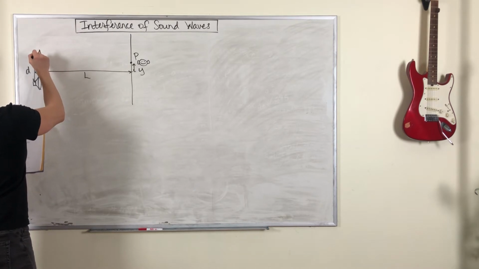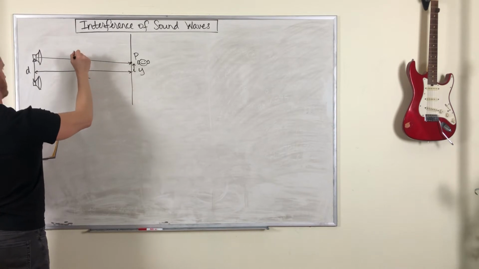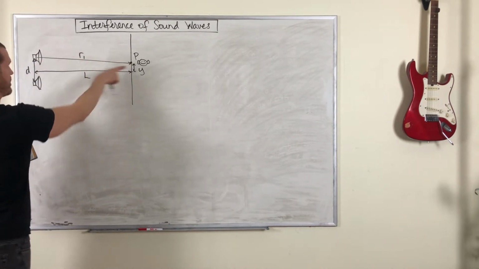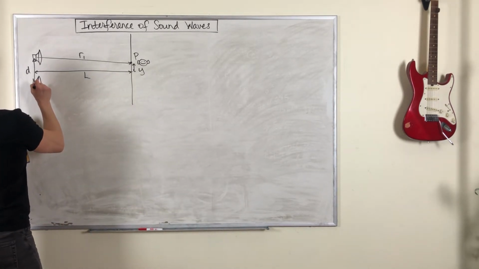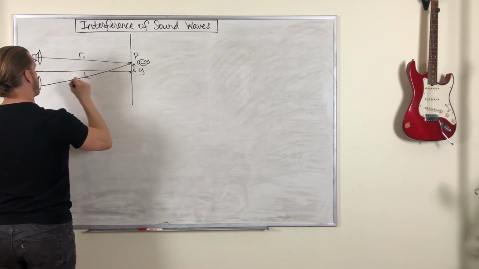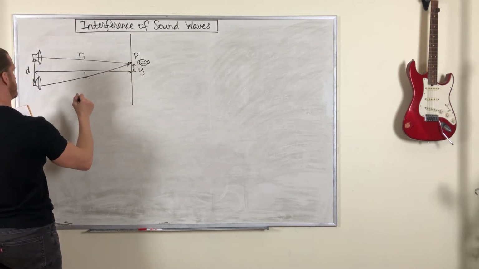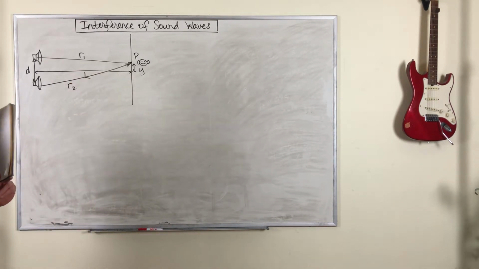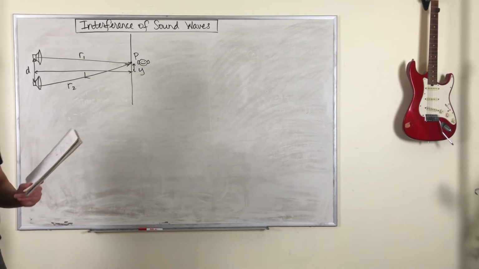So there is some distance, R1, from the first speaker to our listener. There's a distance, R2. Sorry, that line wasn't very straight. It's a terrible straight line. You get the idea. R2 from the second speaker to the listener.